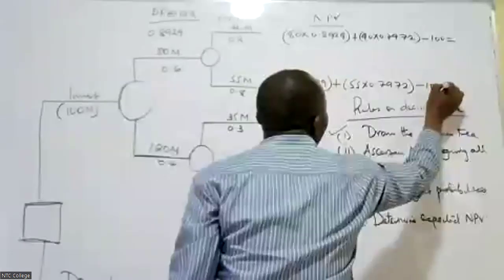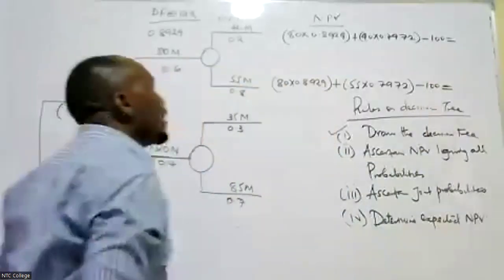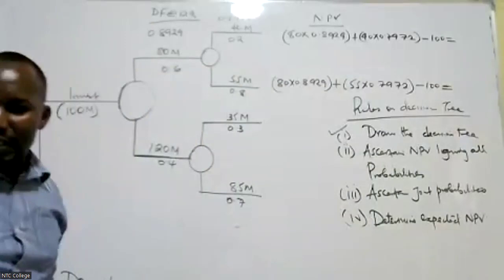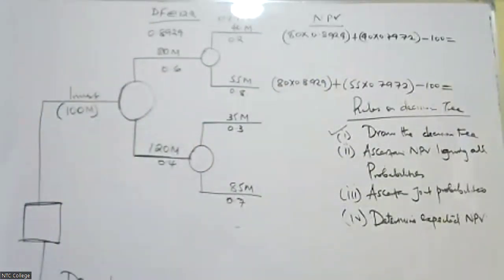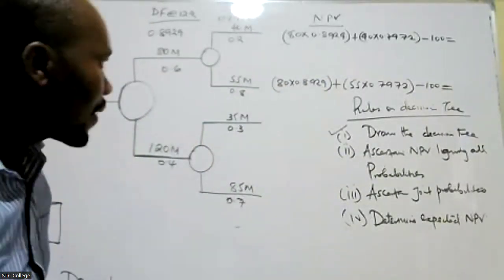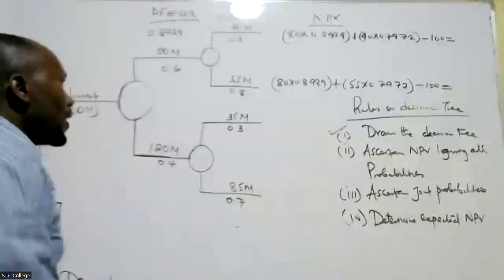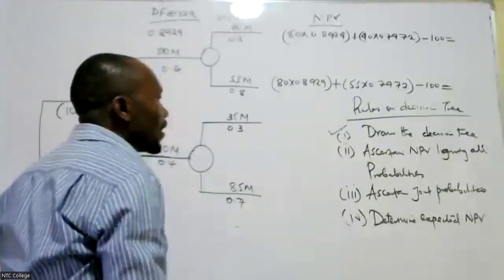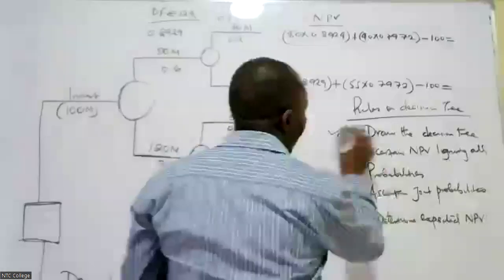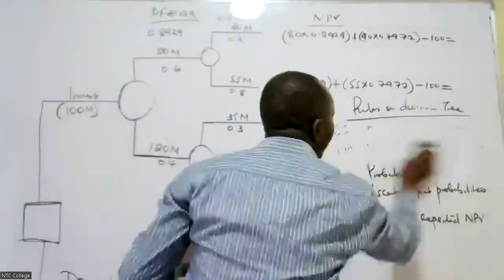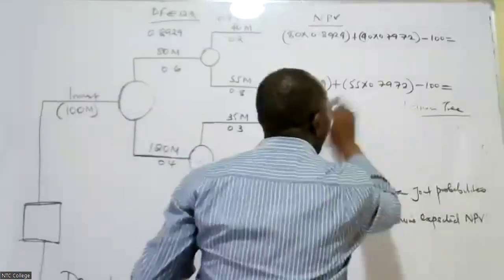What do you get? That is our NPV, and not just NPV, that is expected NPV. So we are still ignoring the probabilities.